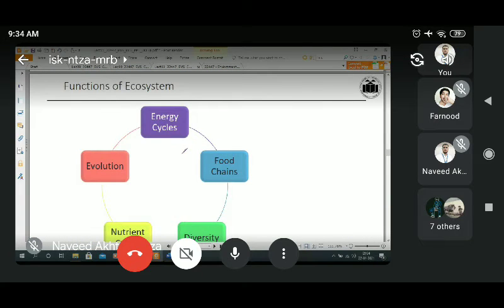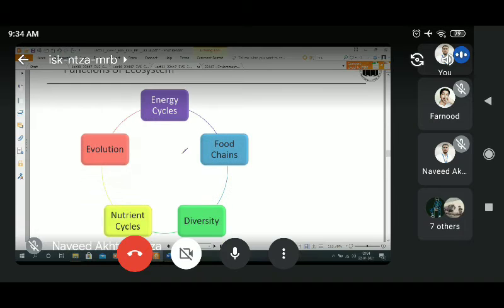Now what is the function of the ecosystem? You can see the ecological cycle in this way: the energy cycle, food chains, diversity in increasing the plants and animals, then the nutrient cycle and evolution, which will be produced by the earth's crust during that period.